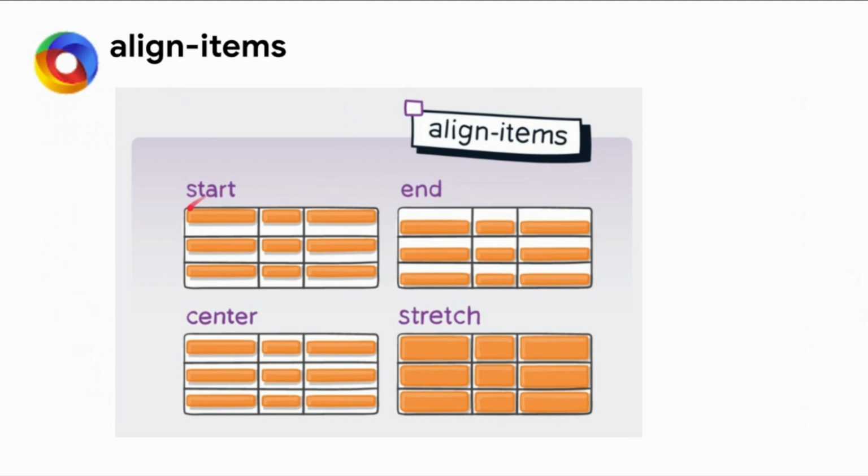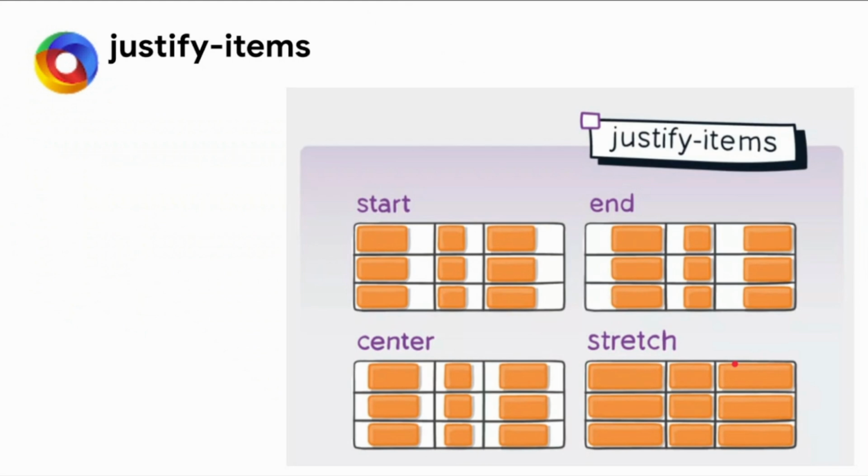We can say start, and everything will be at the start; end, everything at the end; center, everything centralized; and stretch is the default, where everything is stretched, so your grid cell will take almost all the area. We have already seen that justify items and justify self are not in flex. They are grid properties, and they play a crucial role here.